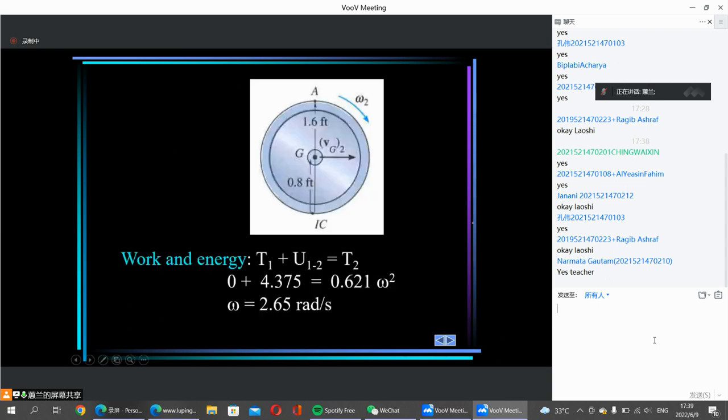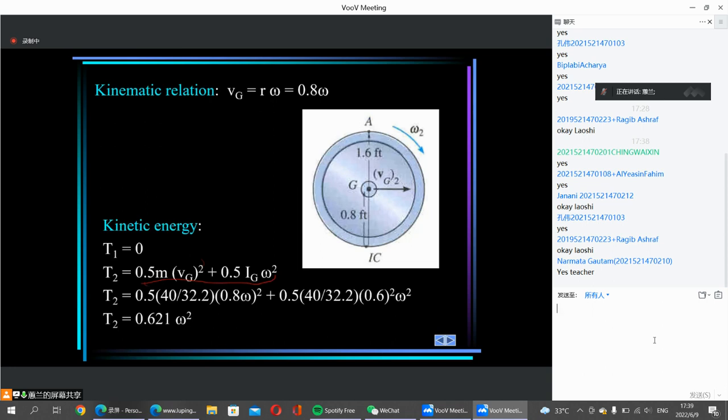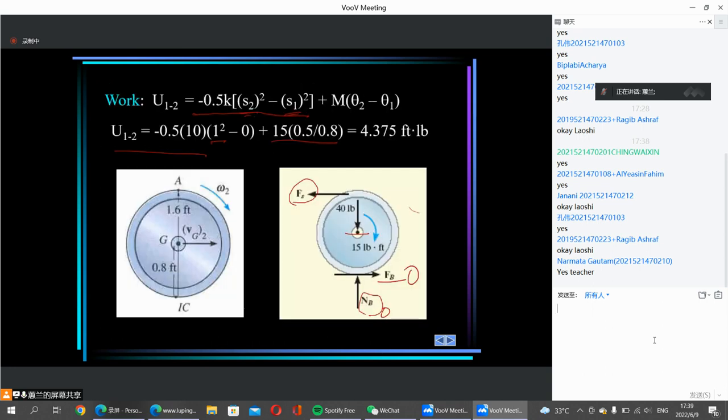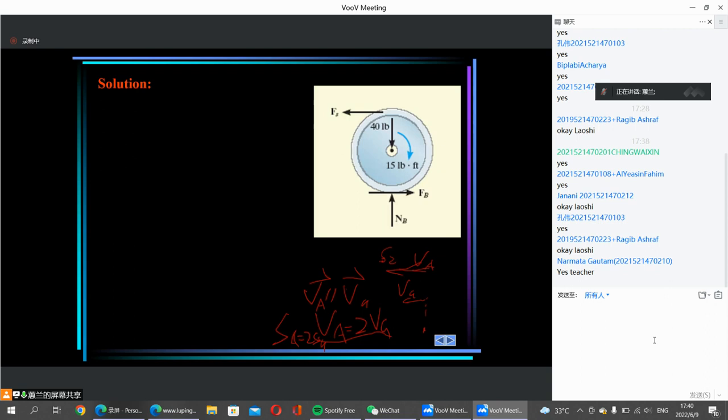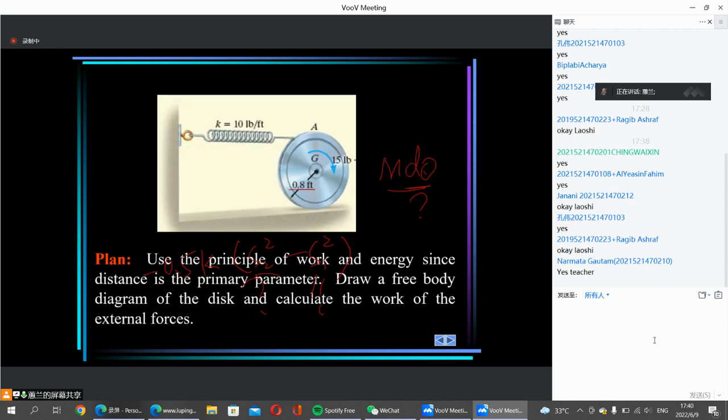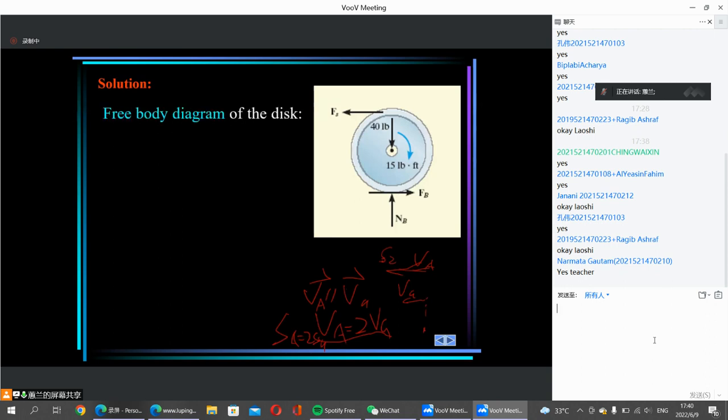Okay, for this question, we already found out the velocity. Have you ever thought about how to find the acceleration or the angular acceleration? Is it okay to find the angular acceleration?